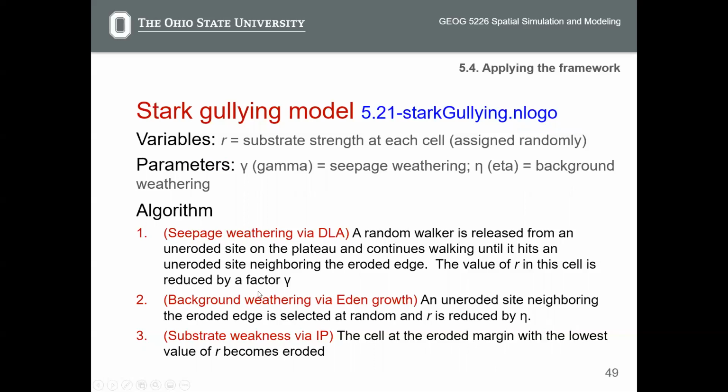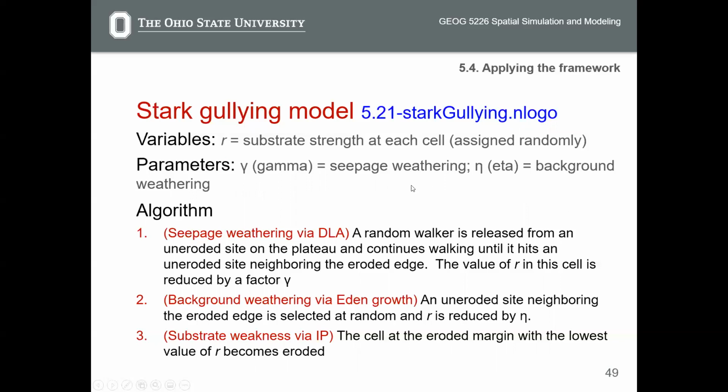The second component of the model is trying to address the background weathering using the Eden growth model. Specifically, an uneroded site neighboring the eroded edge is selected at random and R is reduced by eta. Again, resistance is also affected by eta, or specifically is reduced by eta. And eta is the strength of background weathering.